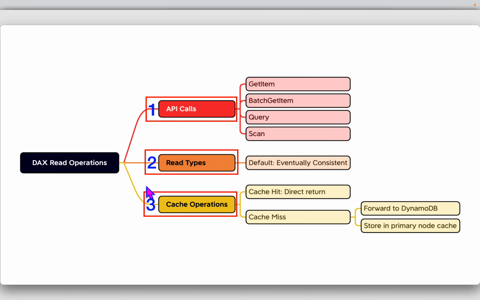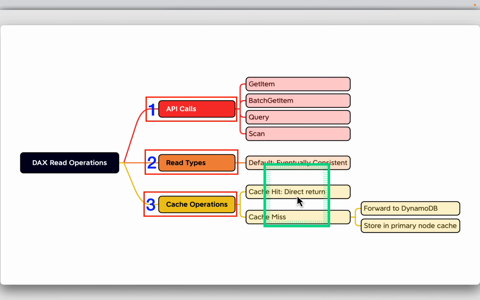On the other hand, if DAX does not have the item, which is called a cache miss, it forwards the request to DynamoDB. When DAX gets the response from DynamoDB, it not only returns the result to the application but also stores it in the cache on its primary node for future requests.